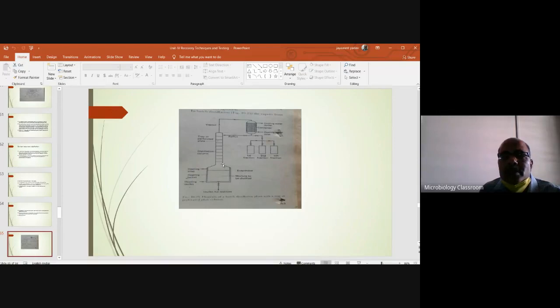This is the distillation column, the tray or perforated plate. When we apply heat to this mixture which is to be separated, as I told you, the mixture contains different solvents with different boiling points, and on the basis of boiling point they will be separated from this tray or perforated plate evaporator.